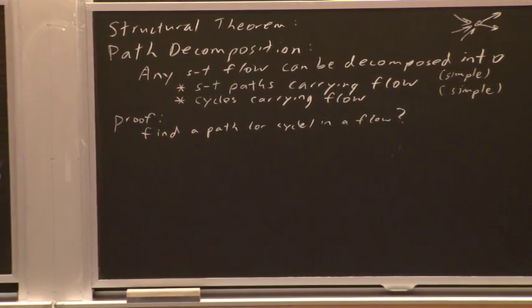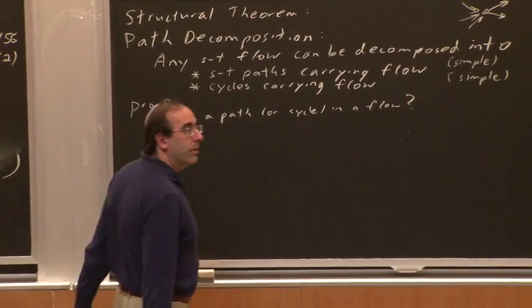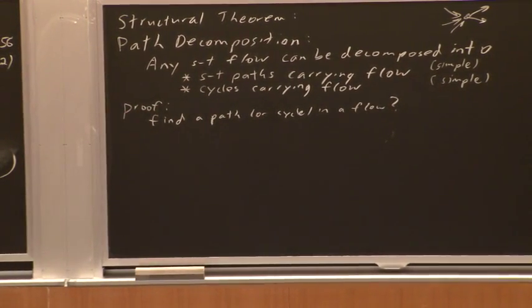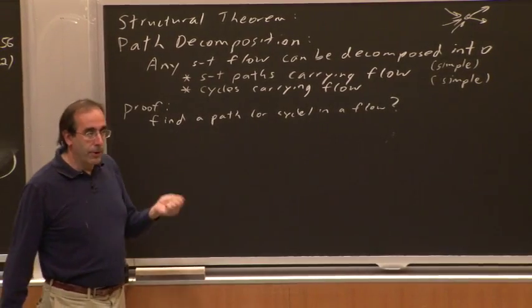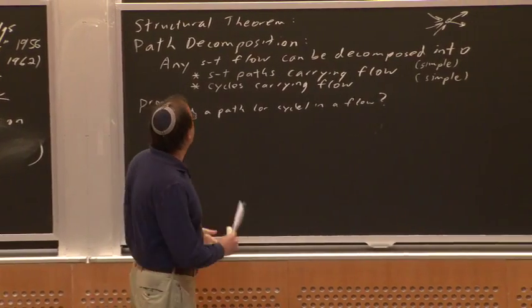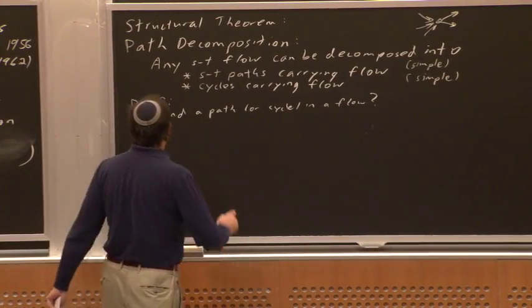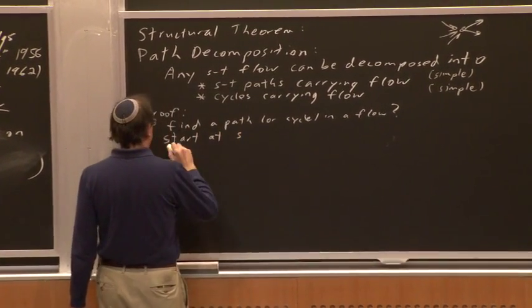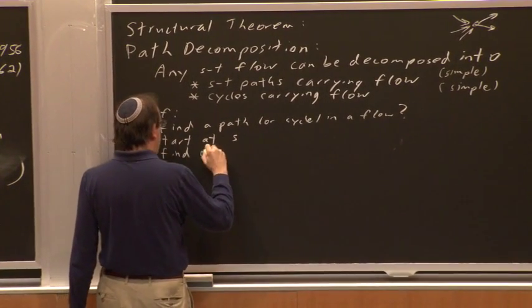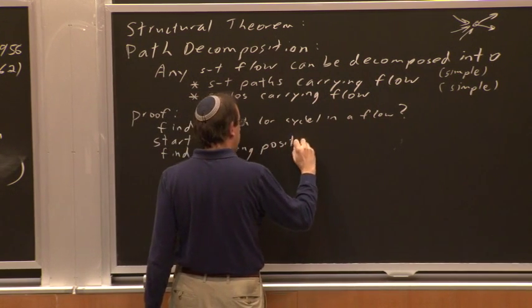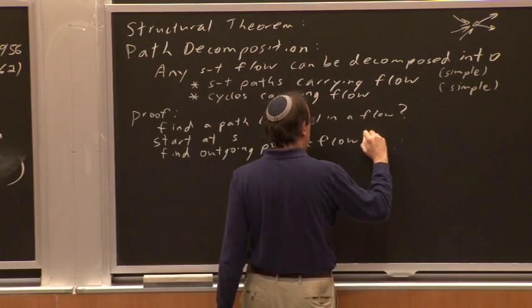Yes? Just take an edge that has positive, that has outward flow, follow it, and keep following edges. Okay, so let's break that down a little bit. Take an edge that has positive flow, but do we take an edge from anywhere? Good, from the source. So start at S, and let's find an outgoing positive flow edge.